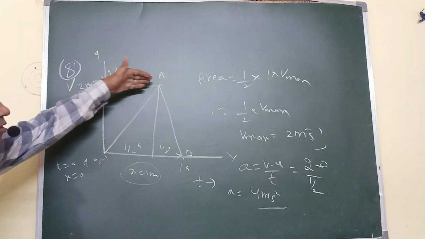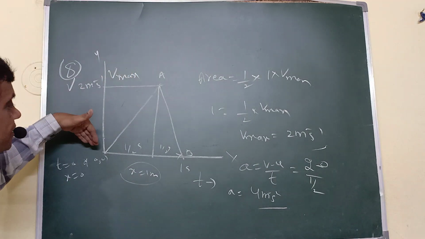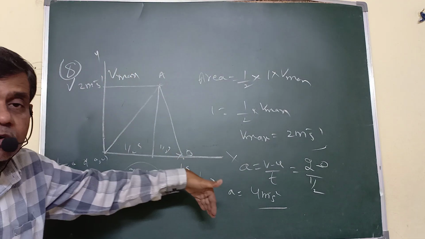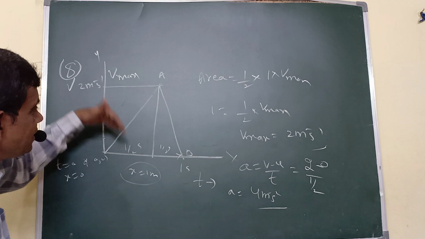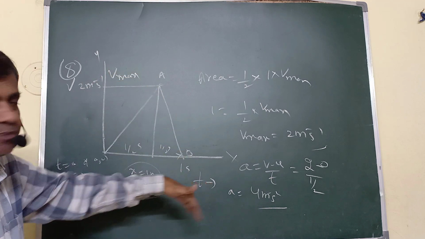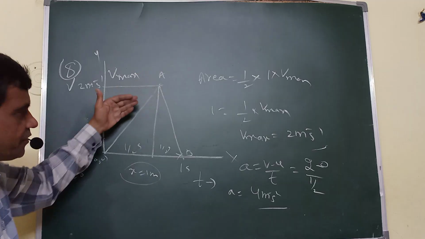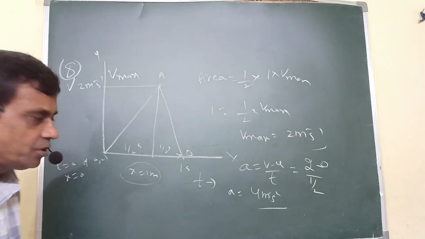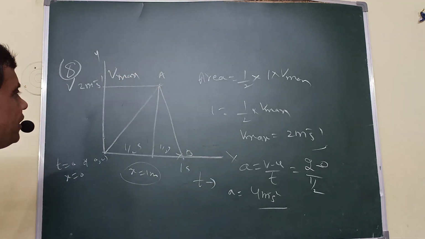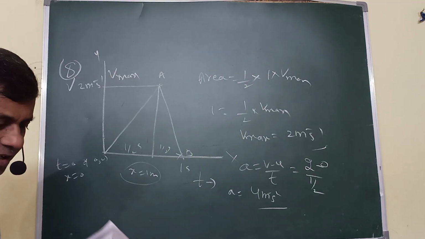So from here to here, the acceleration must be at least 4 meters per second squared, or maybe more, but not below that, because it is reaching the maximum velocity. After that, in the reverse direction, it reaches 0. With all these things, he has given the points.